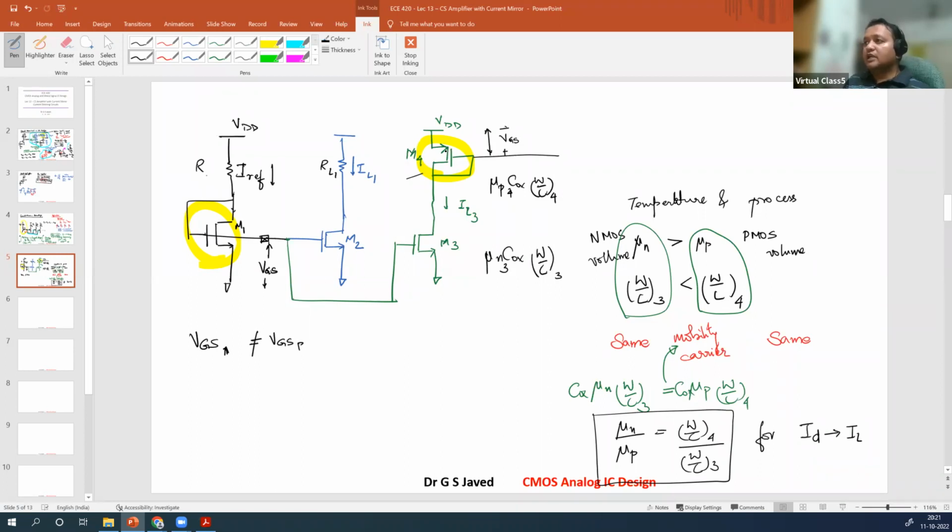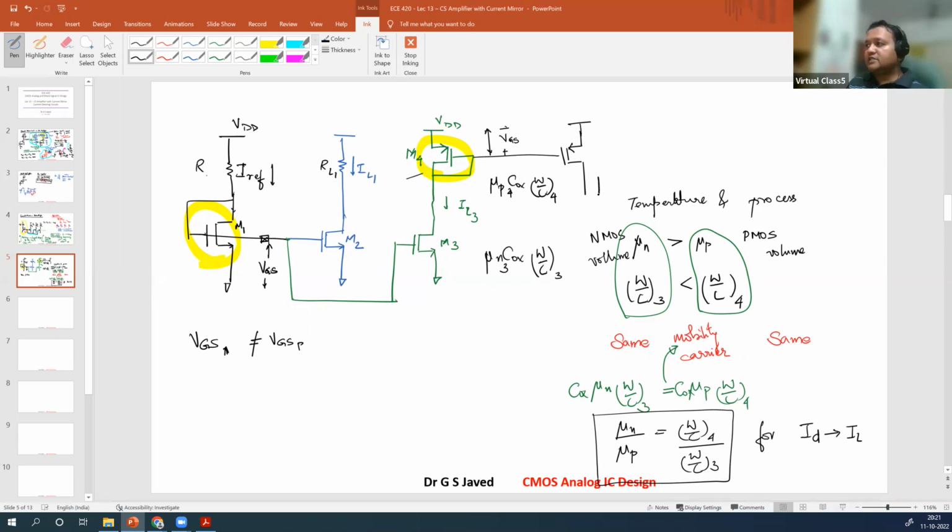But the VGS value between the M4 device and the M5 PMOS device, which is going to act as a current mirror, these two have to be the same. The yellow circles' function will be the same, but the VGS value will not be the same. So VGSN and VGSP will not be the same.